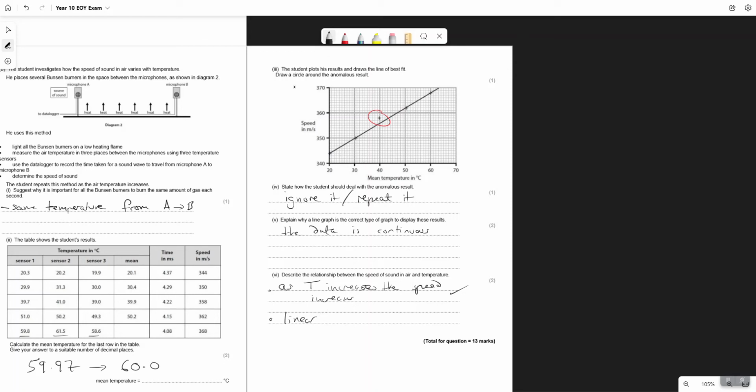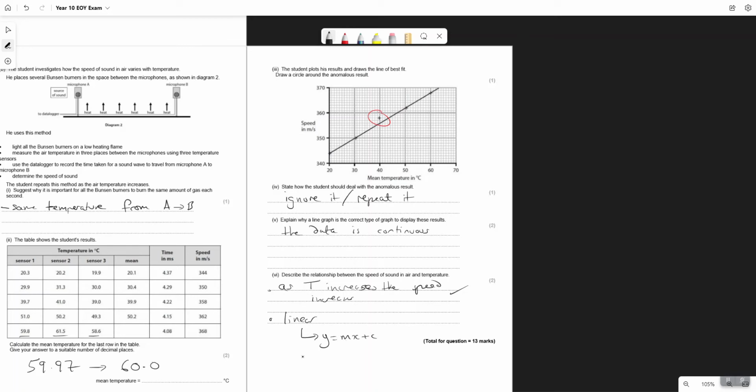Now this is not a proportional relationship. A proportional relationship would go through the origin, and there is no way that this is going to go through 0, 0, because here we're at 344 and here we're at 20. So this is not a proportional relationship. Just be aware that a linear relationship is mathematically y equals mx plus c.